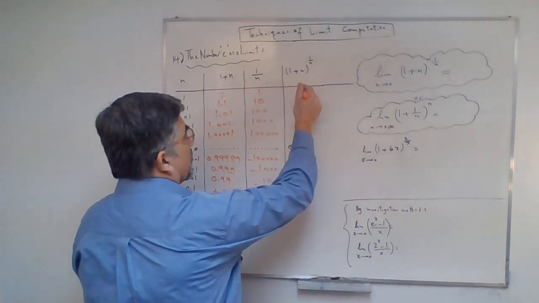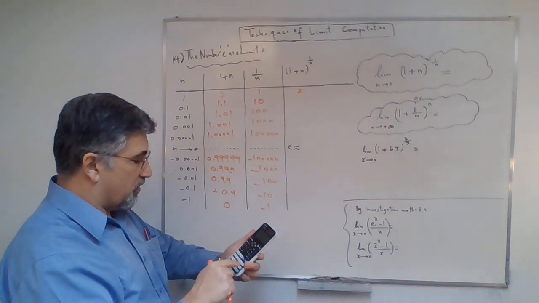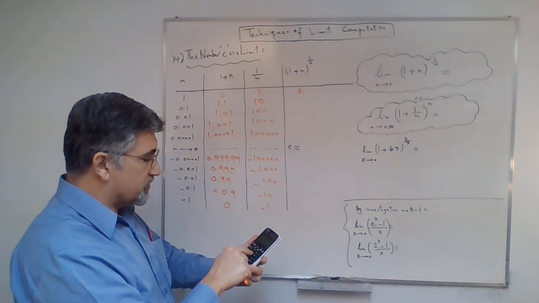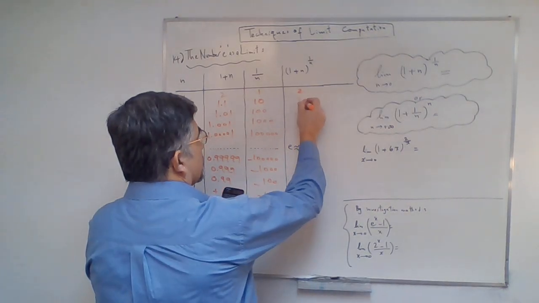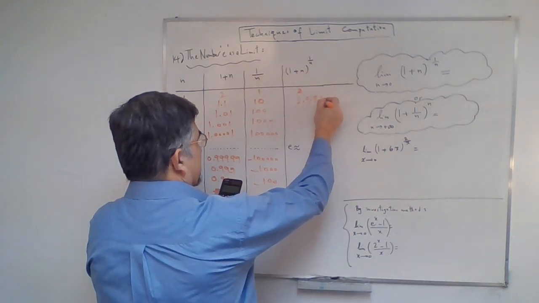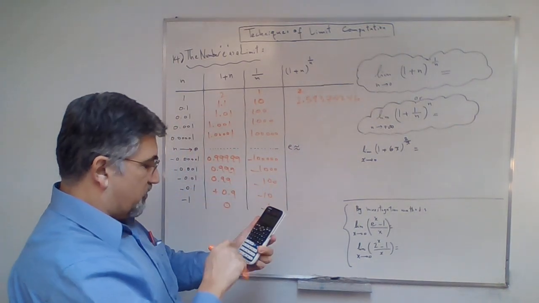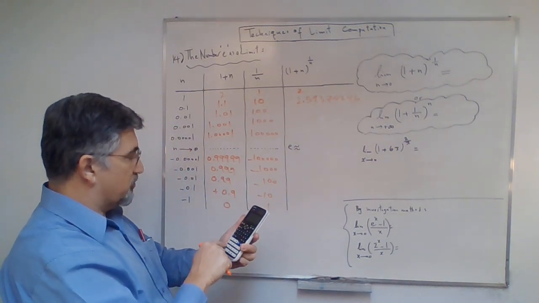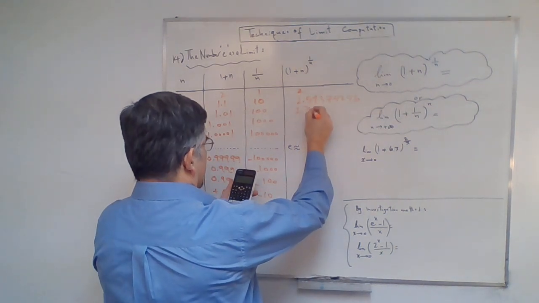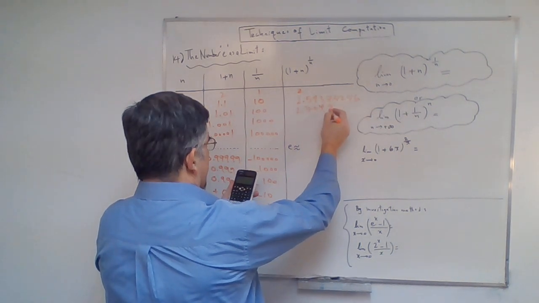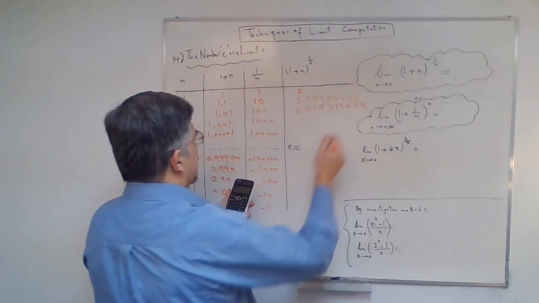So 2 to the exponent of 1 is going to be 2. 1.1 raised to the exponent of 10, I use my calculator, I get 2.5937426. 1.01 raised to the exponent of 100 gives me 2.7048133829.